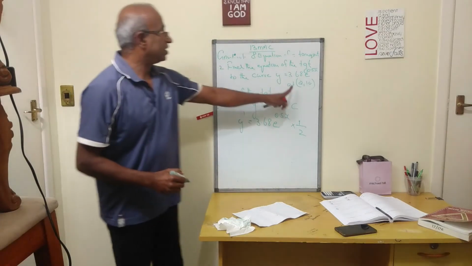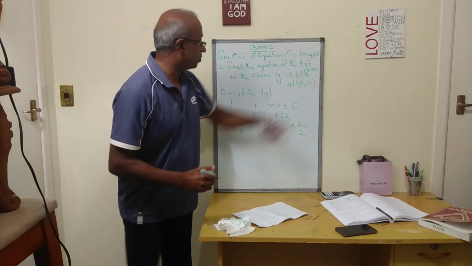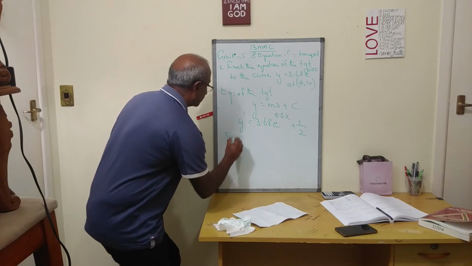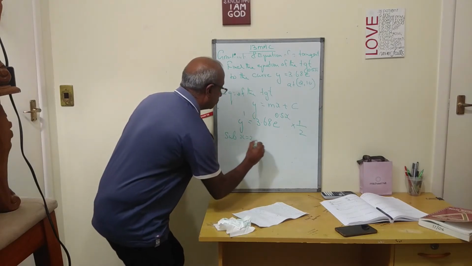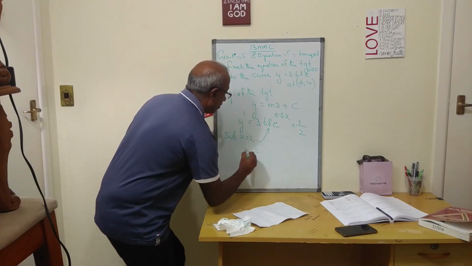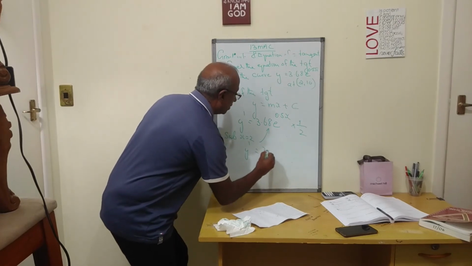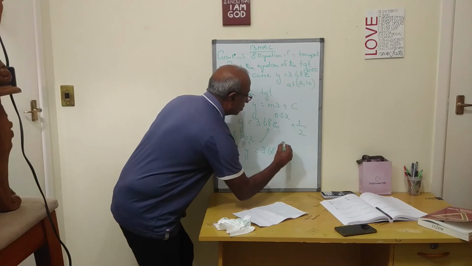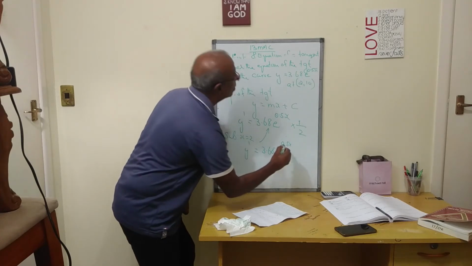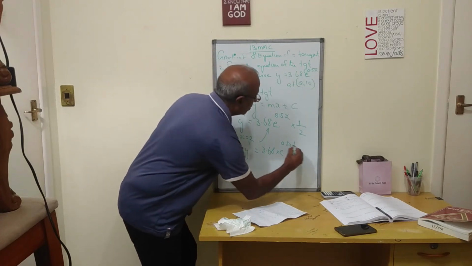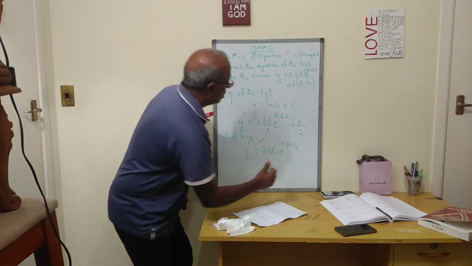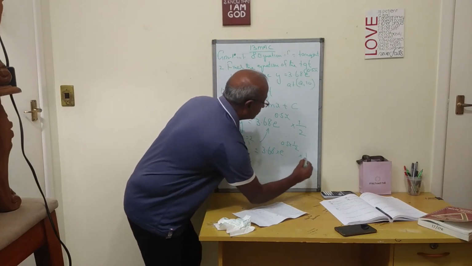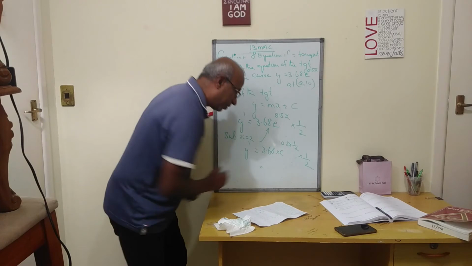Okay, at x is equal to 2 and y is equal to 10. Substitute x is equal to 2 here. So we have y dash is equal to 3.68 times e to the power of 0.5 times half times half. Use your calculator.